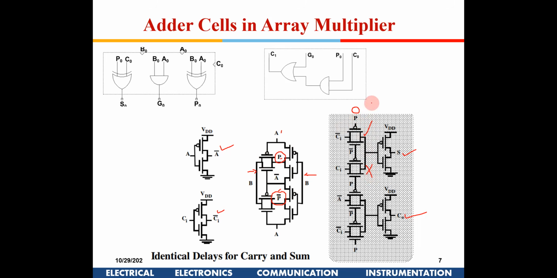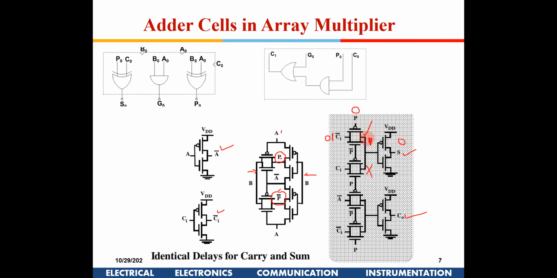This is an XOR gate. So propagation is 0. Now if carry is 0, carry bar will be 1 here. So I will get a 1 here, I will get a 0 here.